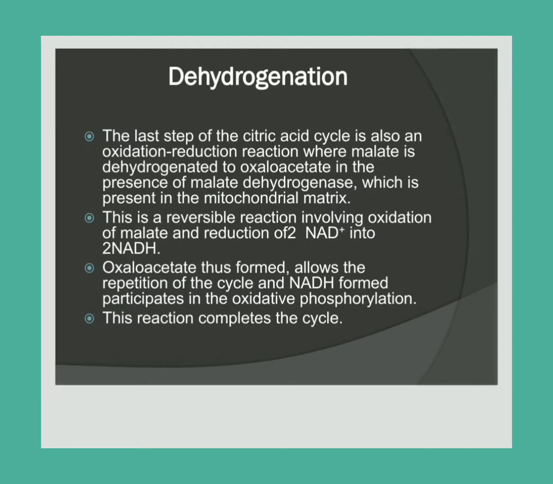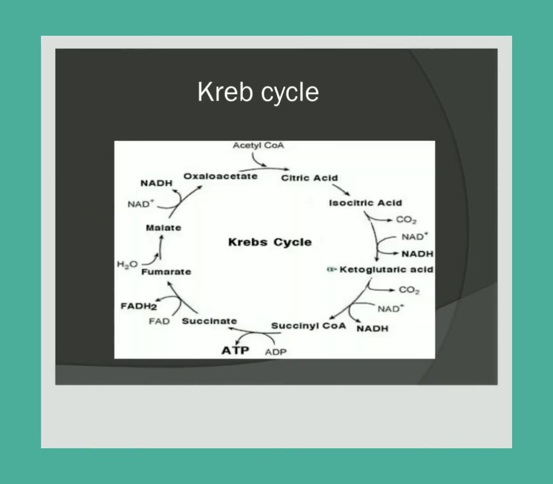This is a reversible reaction involving oxidation of malate and reduction of 2 NAD plus into 2 NADH. Oxaloacetate thus formed allows the repetition of the cycle, and the NADH formed participates in oxidative phosphorylation. This reaction completes the cycle. So this is the end, and it continues. Again this oxaloacetic acid will bind with acetyl CoA and the Krebs cycle will continue, and it will produce carbon dioxide, water molecules, etc.